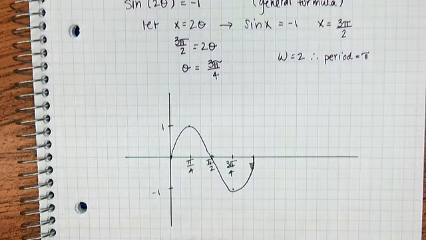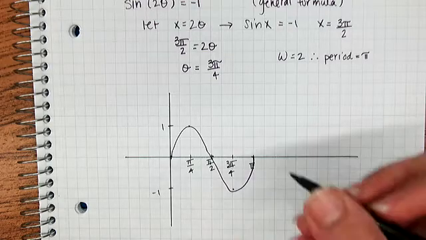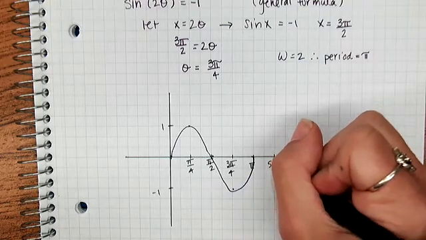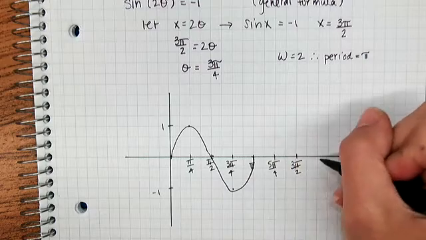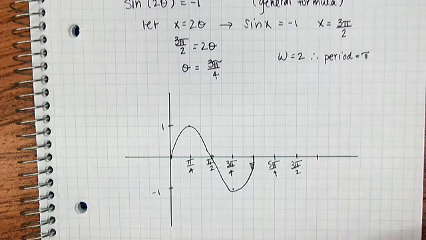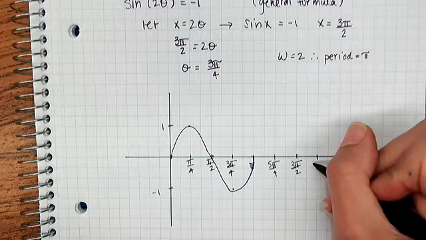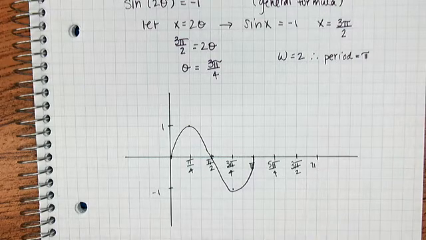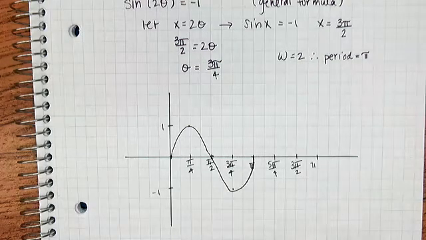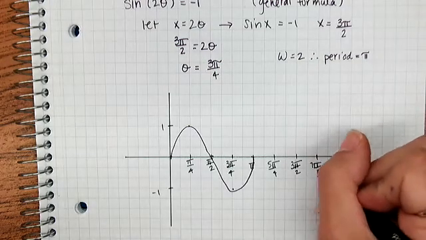Great. So it's 3 pi over 4. When am I going to hit a sine of -1 again? Okay, well, let's just keep going. You don't really have to, but 5 pi over 4, 3 pi over 2, 7 pi over 4. That's not right. 7 pi over 4.